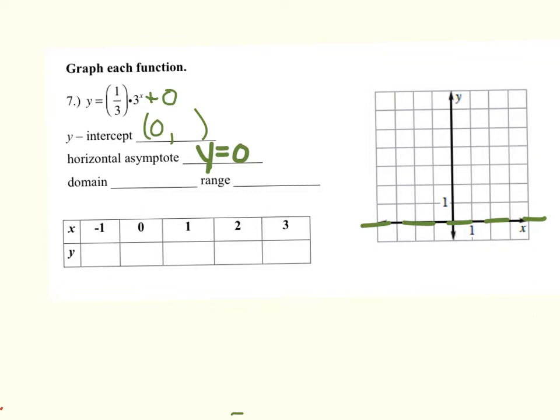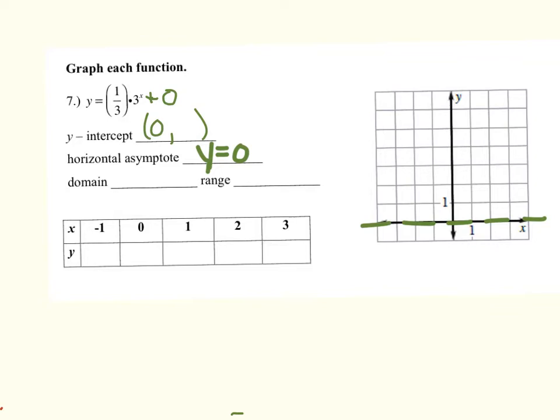Okay, so let's plug in some values. And again, guys, it's okay to get decimals here. You just have to know how to plot them. For this example, it picks values for you, which is nice. So all you have to do is say, okay, I'm going to plug in -1.